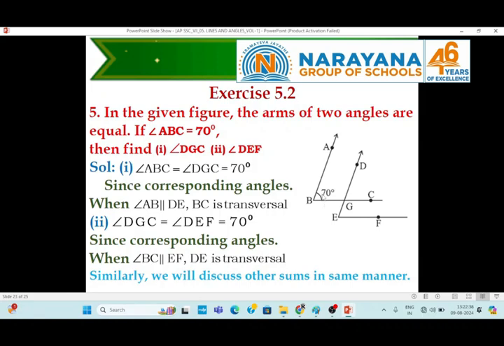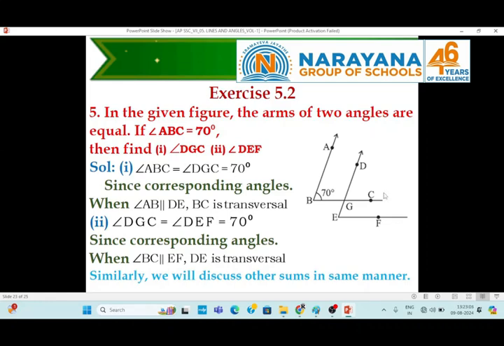Therefore, due to corresponding angles, because angle ABC and angle DGC are on the same side of the transversal, one exterior to the parallel lines and one interior to the parallel lines, both are equal. When AB is parallel to DE, BC is the transversal. Due to this reason, we can consider angle DGC as 70 degrees.